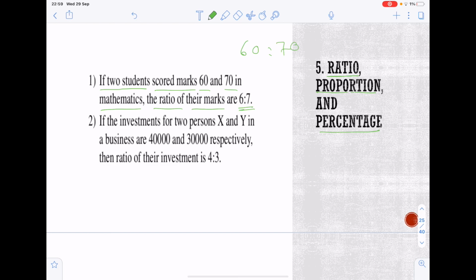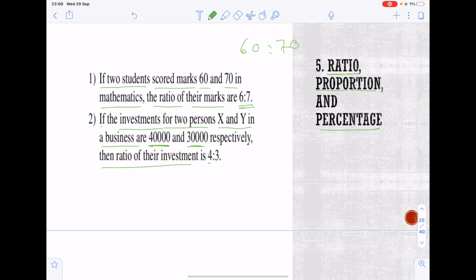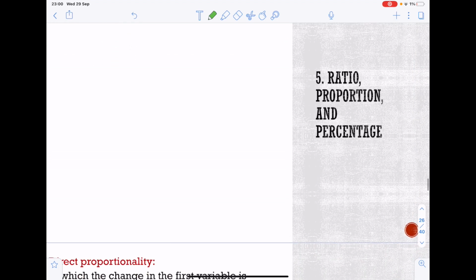If the investments of two persons, X and Y, in the business are 40,000 and 30,000 respectively, then the ratio would be 4 to 3. As we said, we have to simplify this to the lowest terms. So 4 to 3.